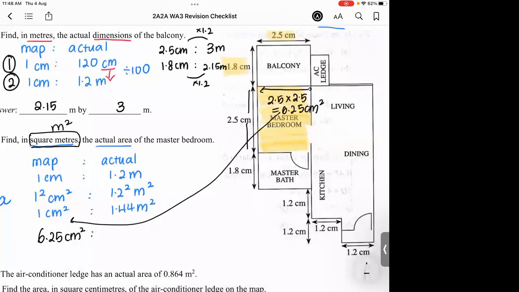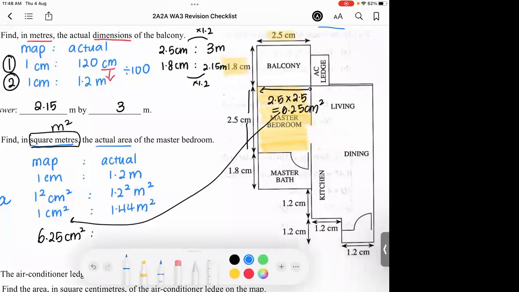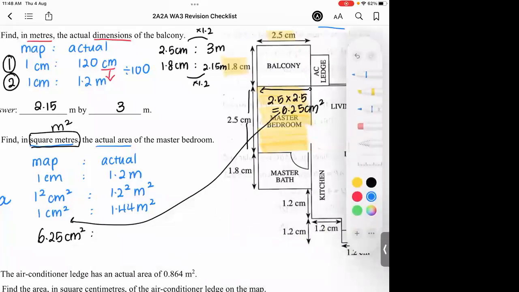This part you all can understand? Can? Okay, Angelica put good means can. Then I multiply with my scale. So I want to get this number 6.25, so it'll be 1.44 times 6.25. And that gives me the answer 9 meters square.